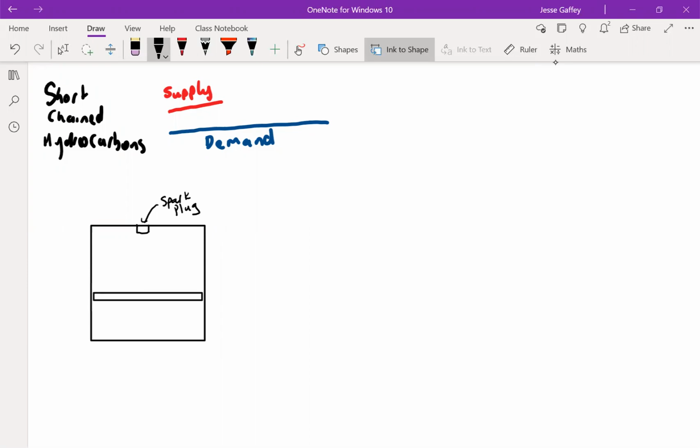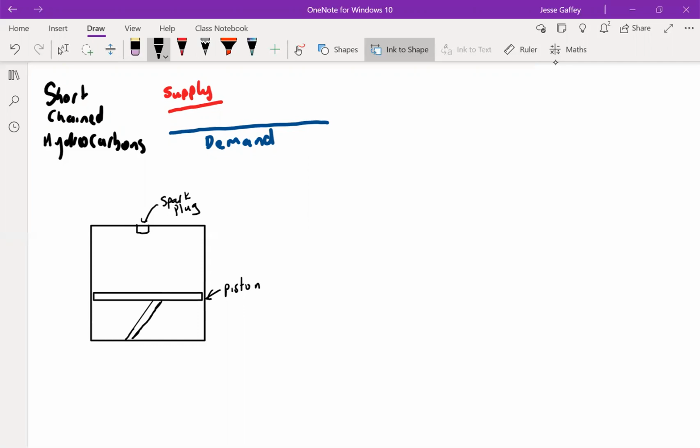Now the disc is called a piston. And the piston is attached to another kind of rod-like thing, which somewhere further down the road is connected to the wheels. And this piston can move up and down inside the cylinder.